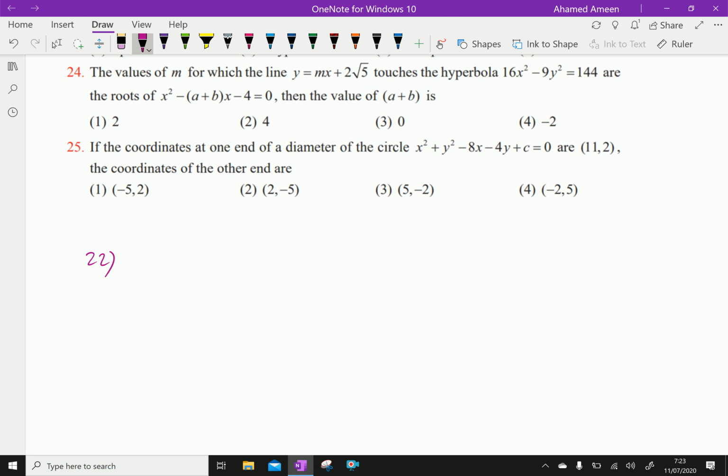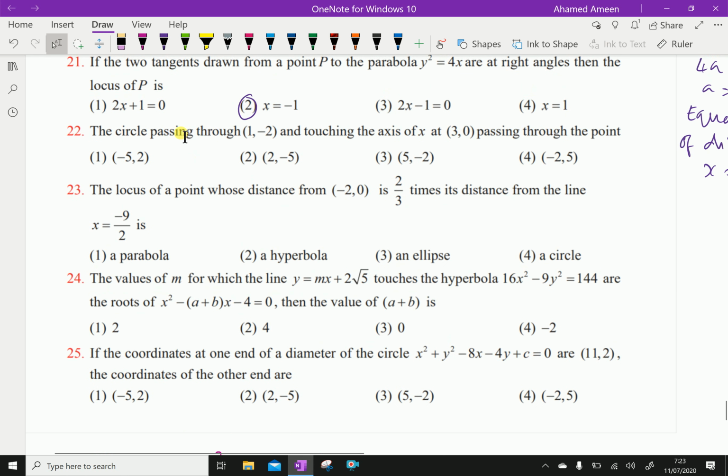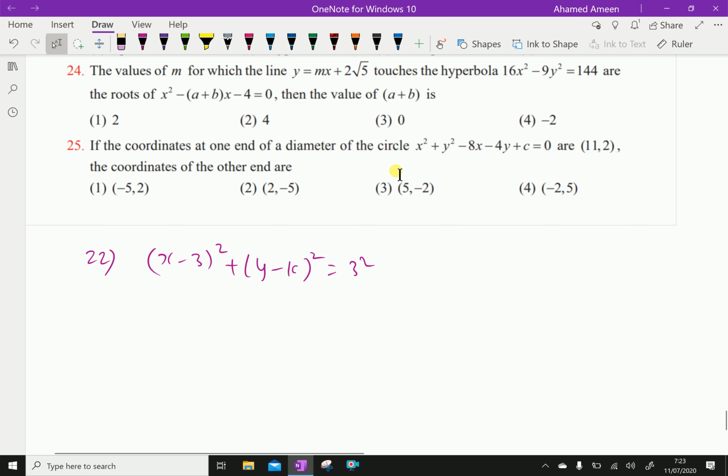The equation is (x minus 3) squared plus (y minus k) squared equal to 3 squared, because it's touching the x axis. Look at this. The circle passes through 1, minus 2 and touches the x axis at 3, 0.